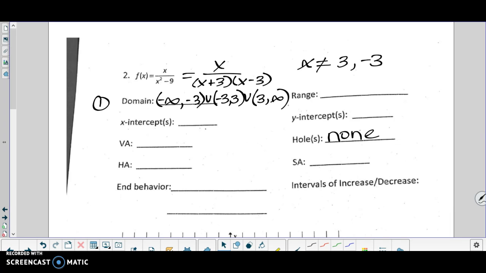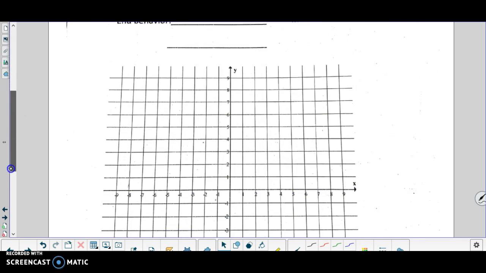Now, since I didn't have a hole, are both of these going to be my vertical asymptote or just one? Both of them, because I didn't get rid of anything. So the vertical asymptote is at 3 and negative 3, and I have how many? 2. So let's draw them really quick.